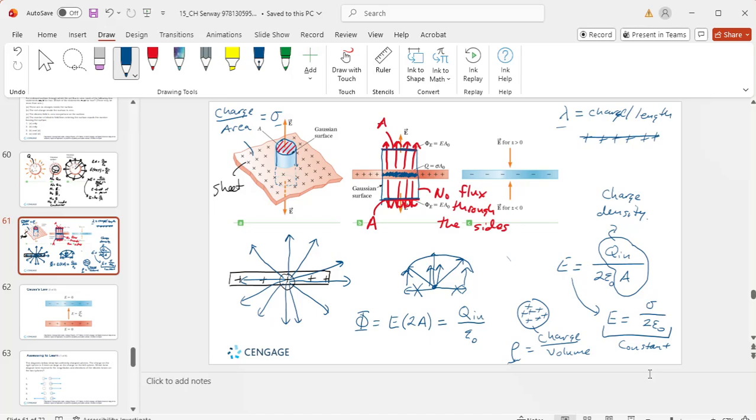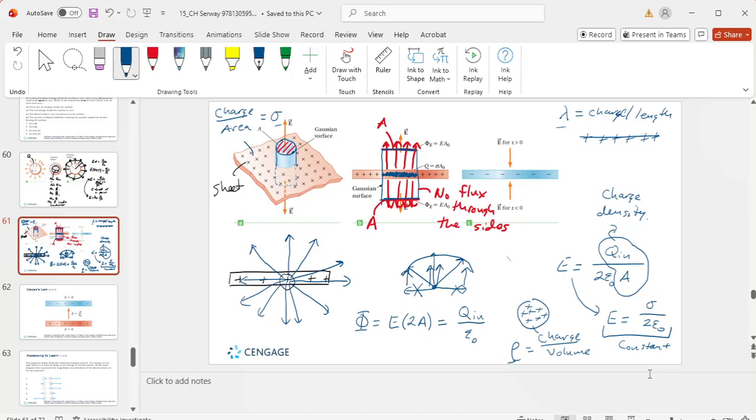Now, technically, this result of a constant field is applicable for a truly infinite sheet of charge. However, if you're near a large sheet of charge, near the center, then any fringe effects toward the edge you don't really experience.